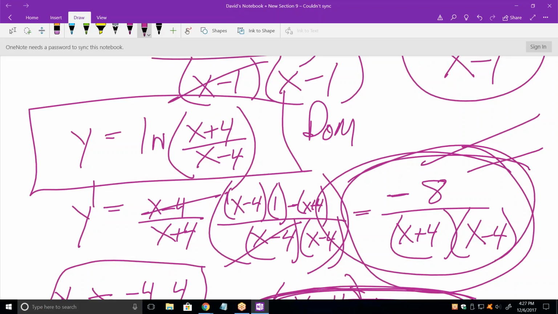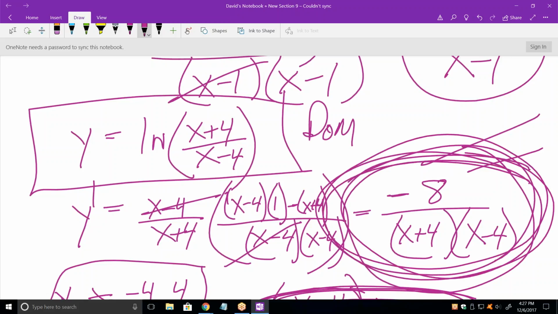Once we take the derivative of it and we get this over here, well, that domain's a little different, but not really. In other words, the domain restrictions of the original function apply to the derivative.